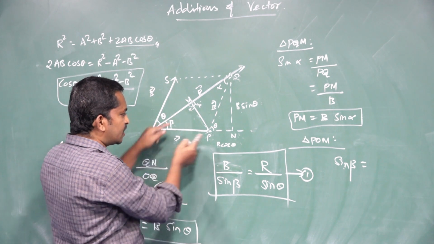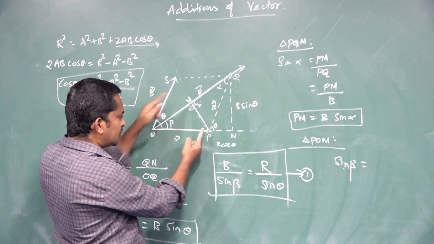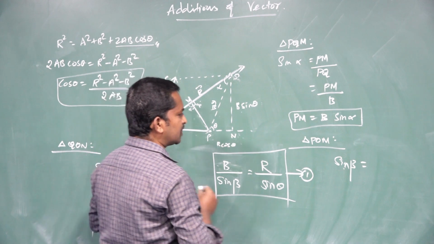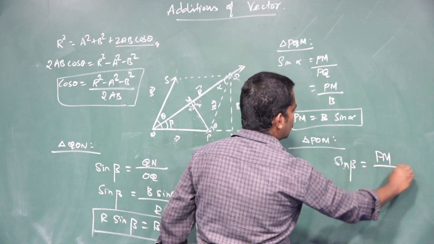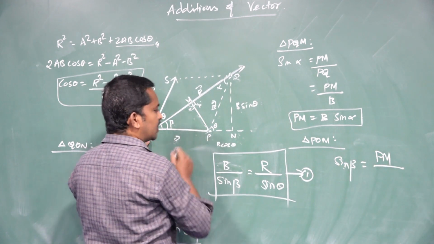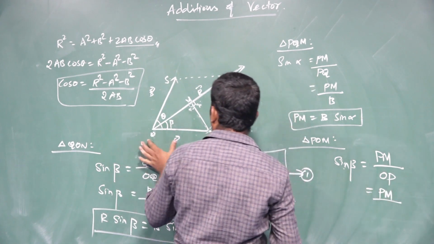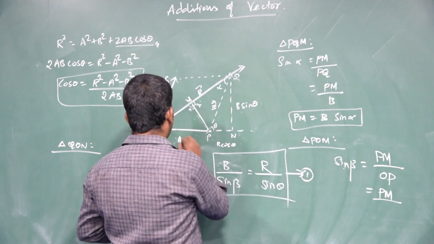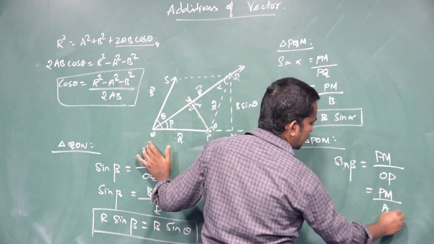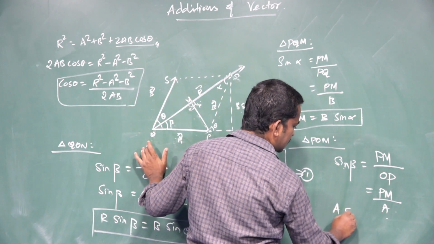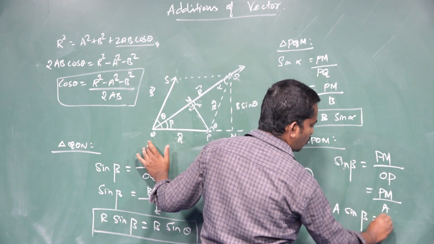Which is the opposite side? PM. This is the opposite side, and this is the hypotenuse OP. So PM divided by OP, this is the A vector. So A sin beta is equal to PM.